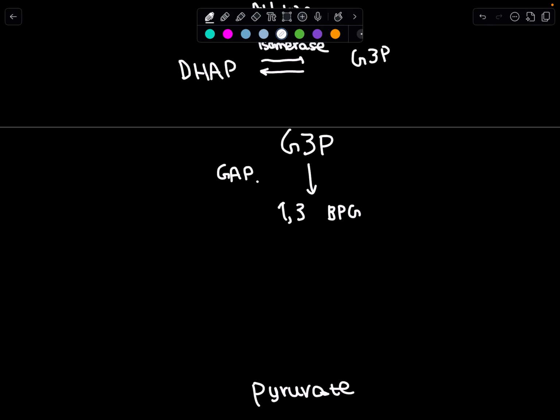It's a dehydrogenase because it removes hydrogens, electrons, oxidizing G3P while reducing NAD+ to NADH. It also adds a phosphate from inorganic phosphate, not ATP, forming a high-energy molecule with two phosphates, bisphospho. Think of it as an electron thief that powers up G3P.